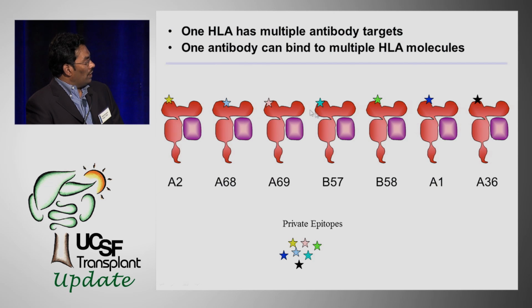In addition to the unique epitope, the HLA also has public epitopes. For example, this triangle is present in all these 5 HLA molecules. So if an antibody is developed against this triangle, that antibody can react with all these HLA molecules, okay?